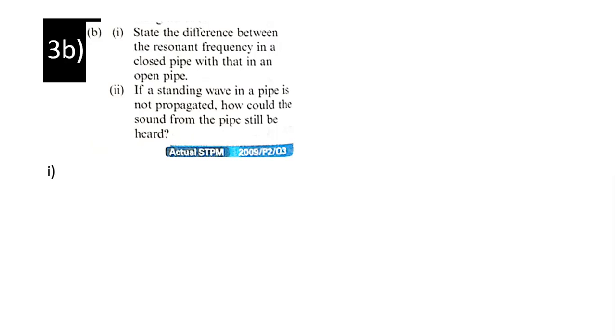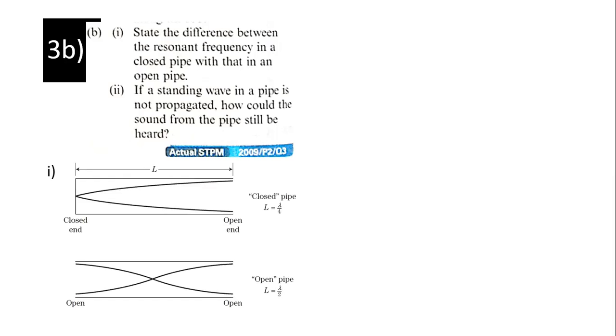State the difference between the resonant frequency in a closed pipe and an open pipe. Just have a picture. What is happening? Then you can state. That is a fundamental mode of vibration.